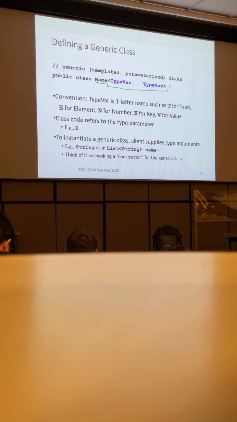And as we mentioned, the most typical generic name for the type parameter is T, and then U, V are common, but you can also use E, and N for number, depending on the semantics, and E for just a general element of something. The other convention is that it's a one-letter identifier, and that letter is capital.